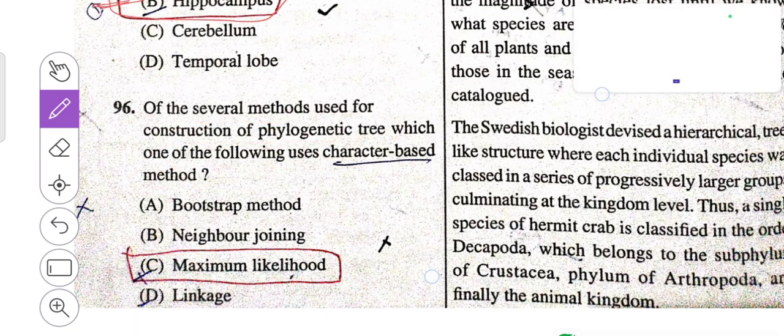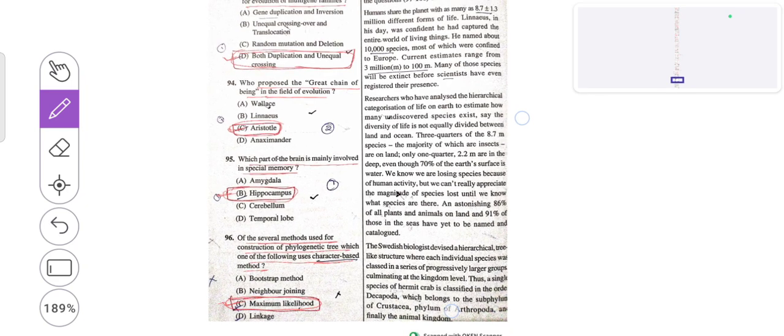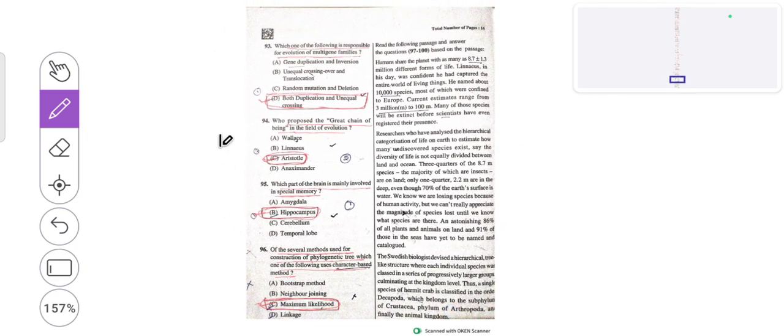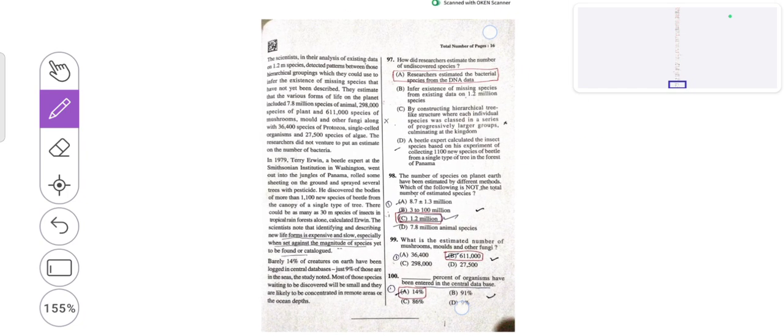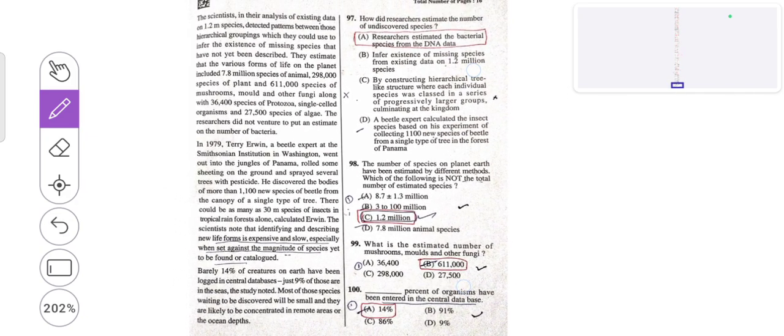So next, they have given a passage regarding a particular aspect. You have to answer the following four questions. These are passage based questions.